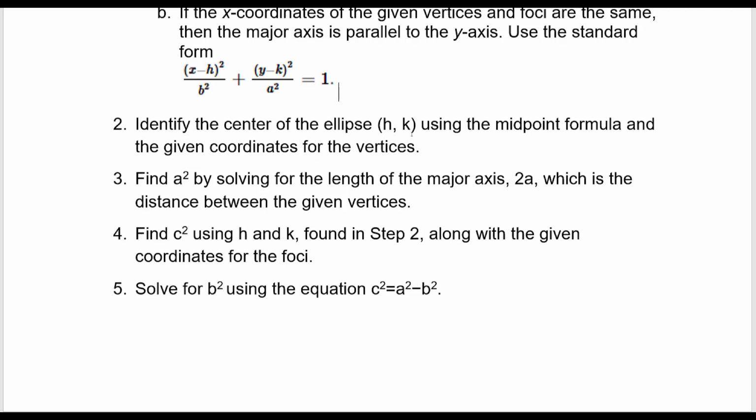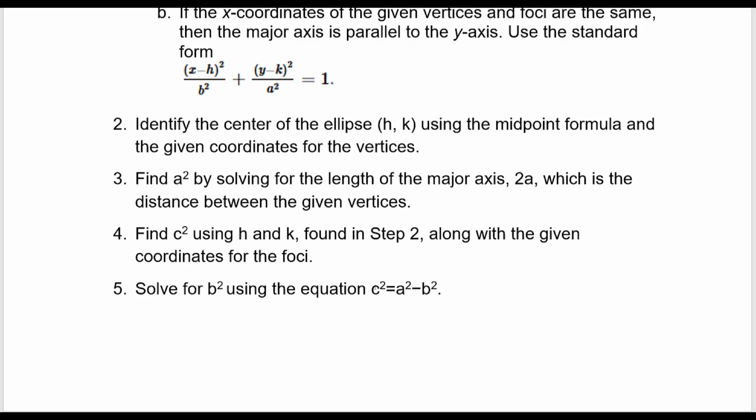Identify the center of the ellipse (h, k) using the midpoint formula and the given coordinates for the vertices. You could also do the midpoint between the foci. Find a squared by solving for the length of the major axis, 2a, which is the distance between the given vertices. Find c squared using h and k found in step 2 along with the given coordinates for the foci.